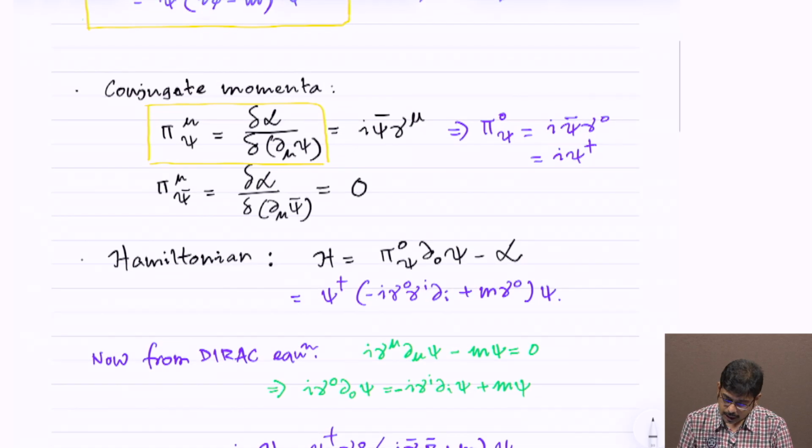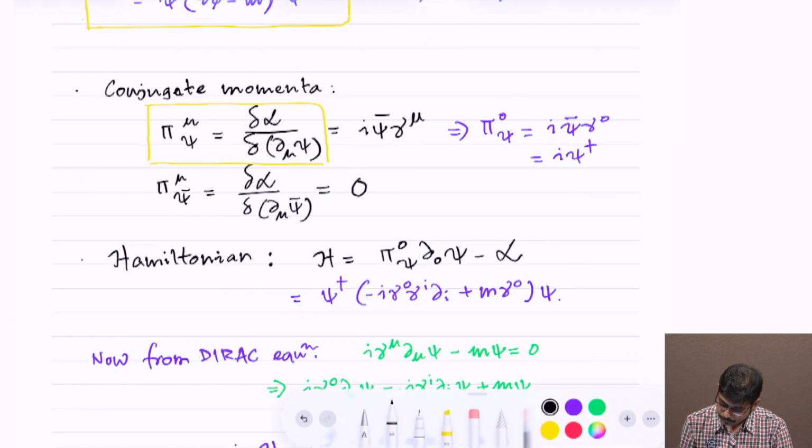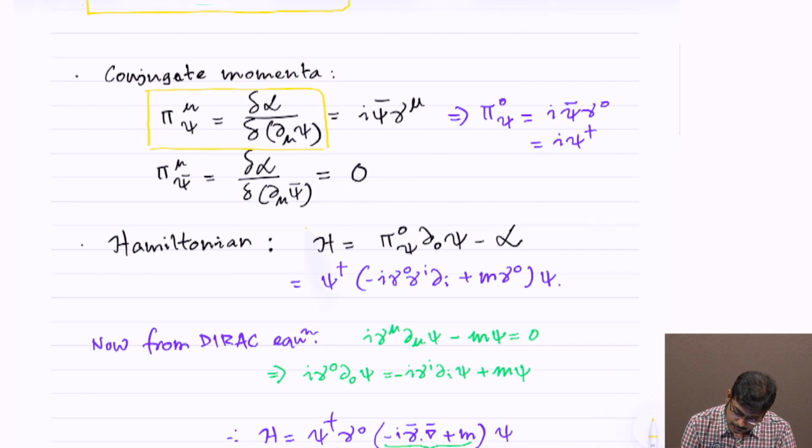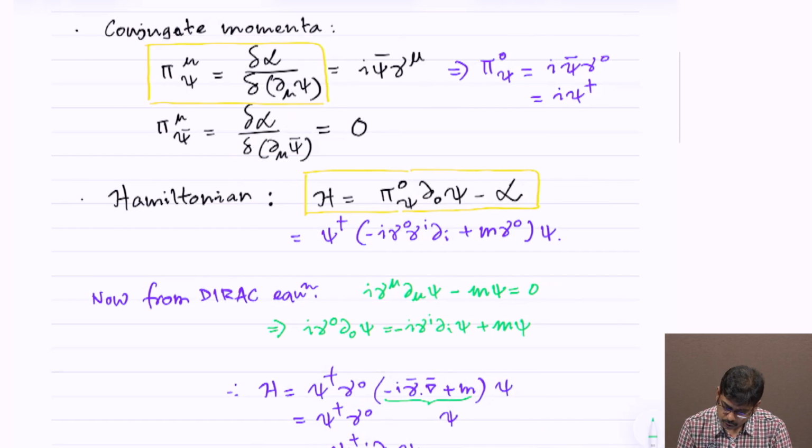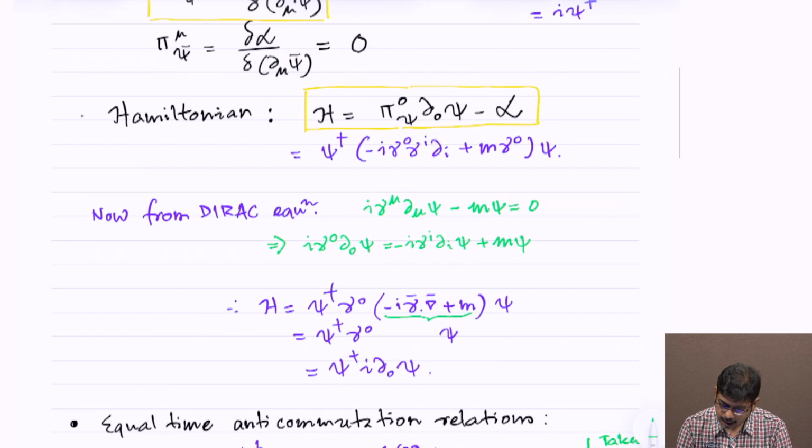Now, let us construct the Hamiltonian, and once again from the definition, the Hamiltonian is pi 0 psi del 0 psi minus L. I am not going to do this calculation, but it is straightforward to show that this turns out to be psi dagger (minus i gamma 0 gamma i del i plus m gamma 0) psi.